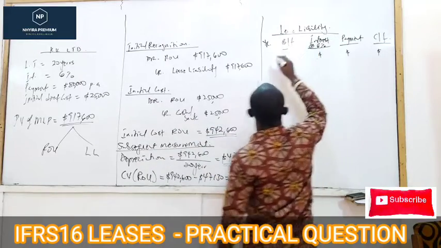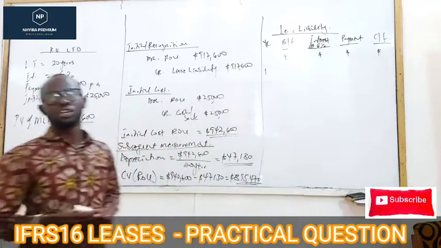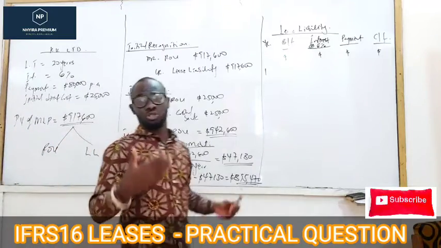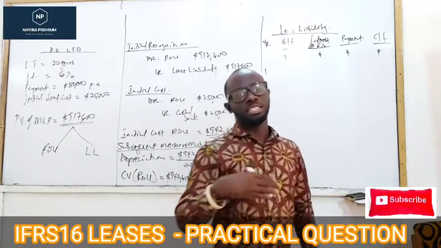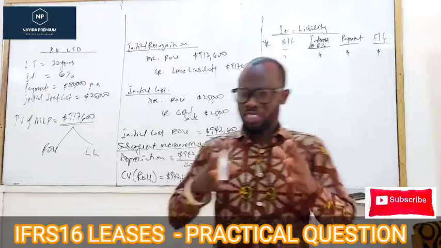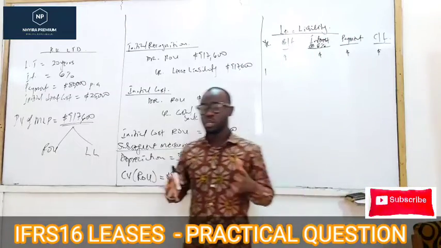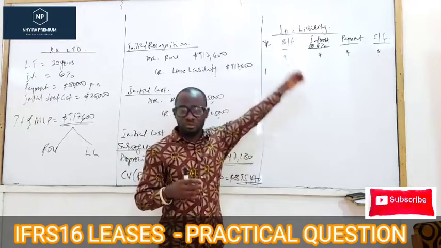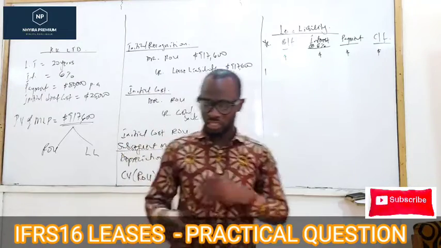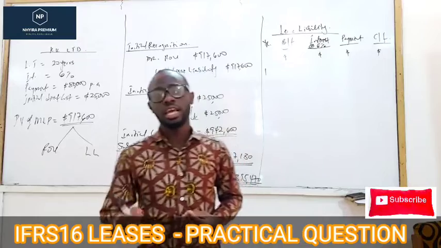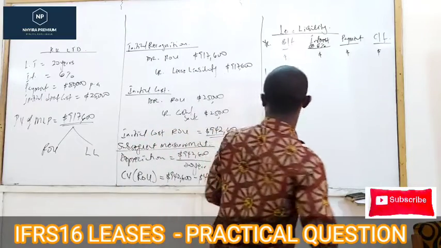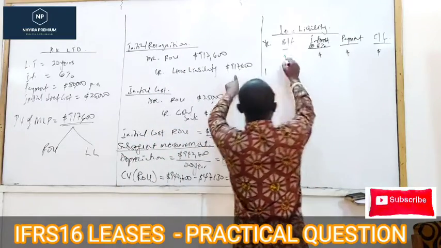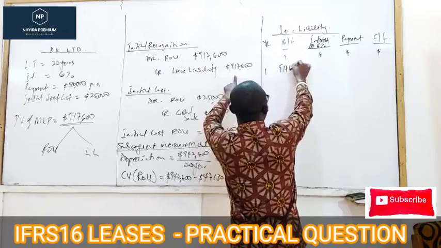6%. Now remember, before we go there, remember what I told you. I told you that when payment is made at the end of the year, what do we do? We split it into two, okay? We do it for 2 periods because the carrying value or the carry forward value must always be split into the current component and then the non-current component. So let's go. So our lease liability is 917,600.